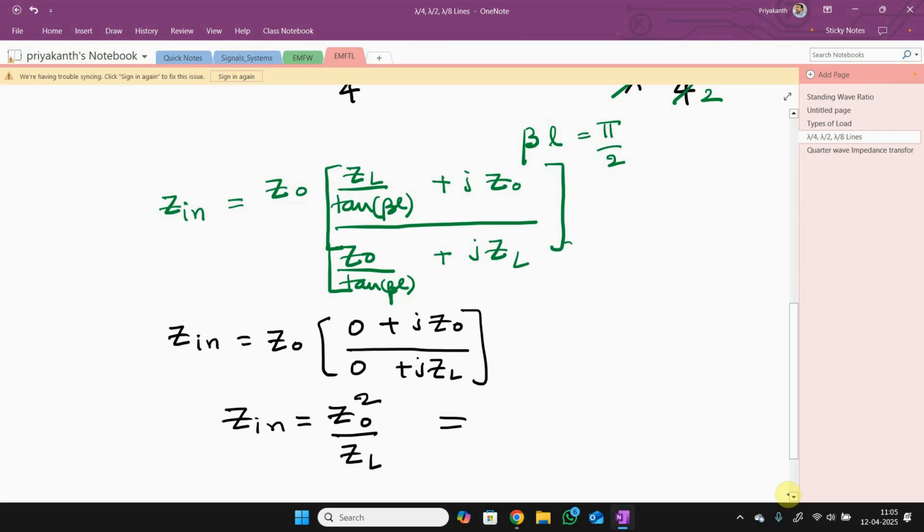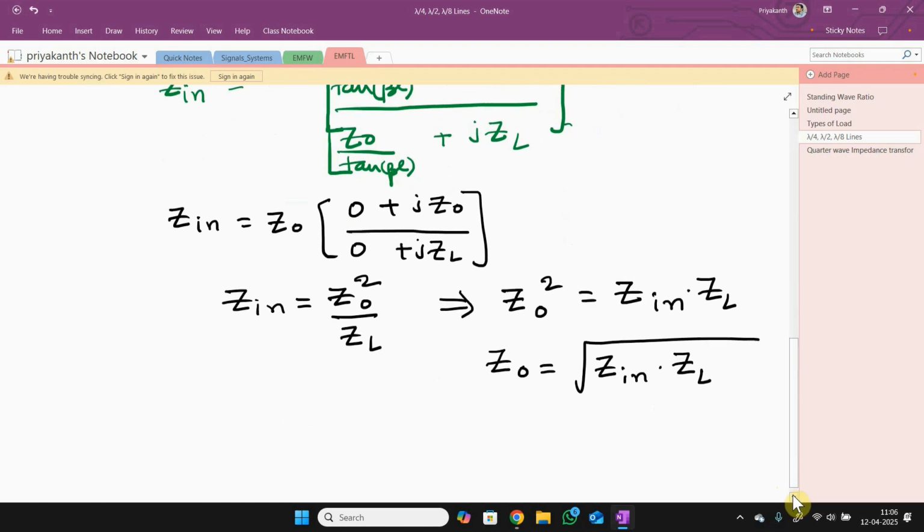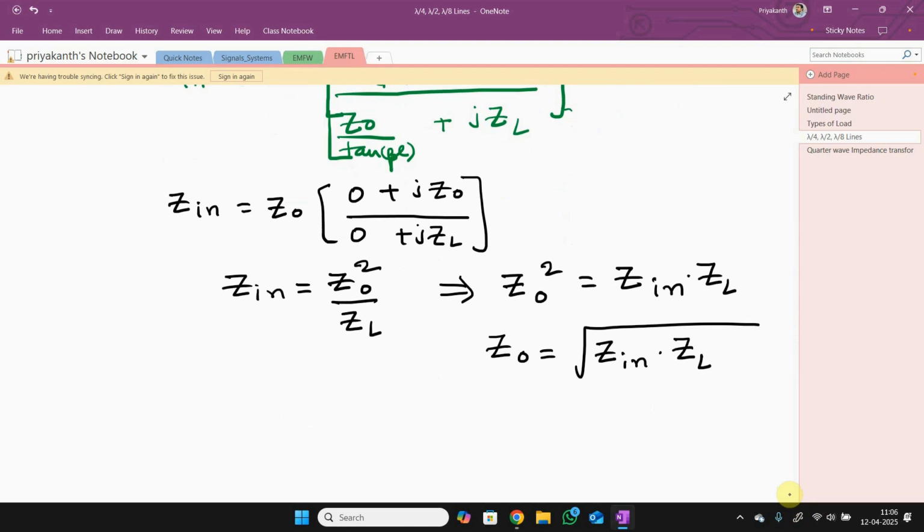From this, you can derive one formula: Z0 square equals Zin into ZL. For a quarter wavelength transmission line, you can calculate the characteristic impedance by simply taking the root of the product of the load and the input impedance. Right? Shall I proceed to the next length?